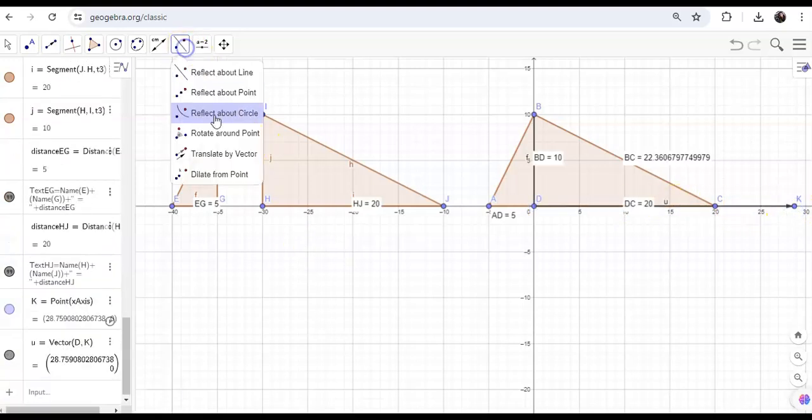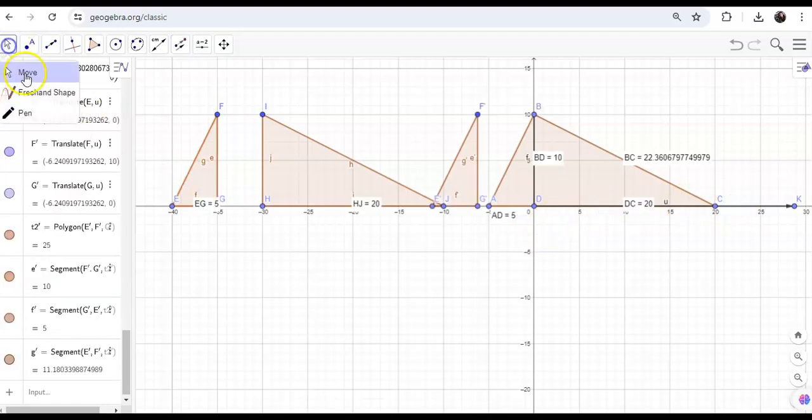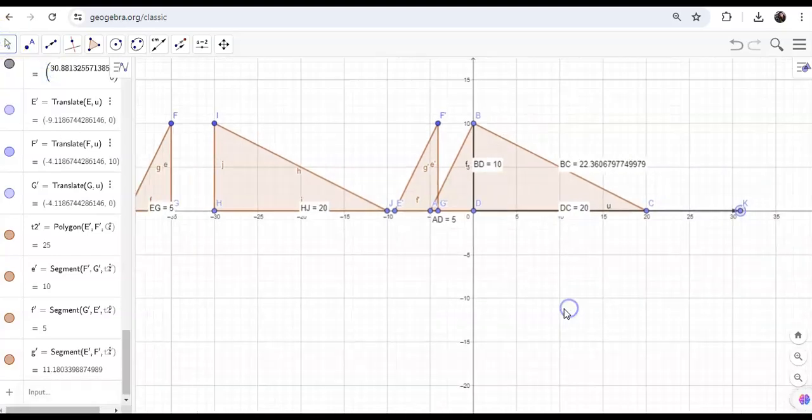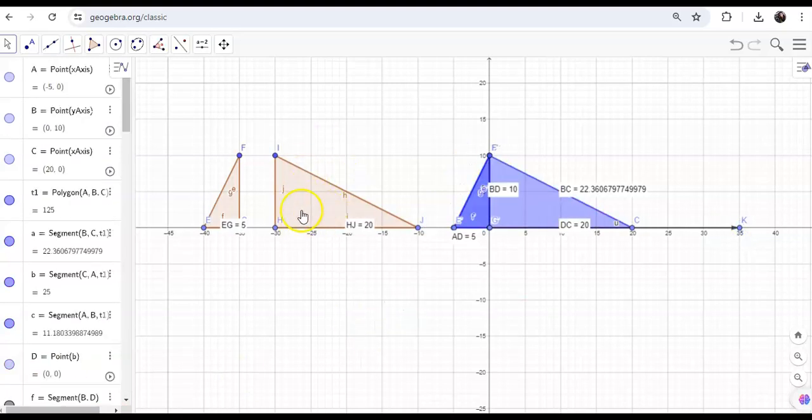Please observe. Now the bigger right triangle back to the initial acute triangle.